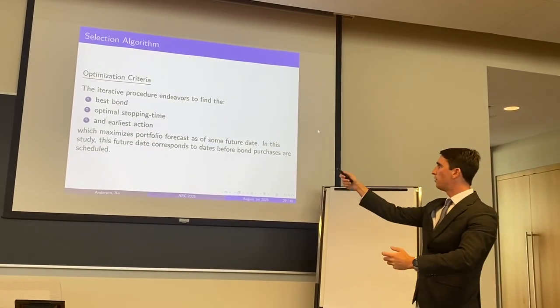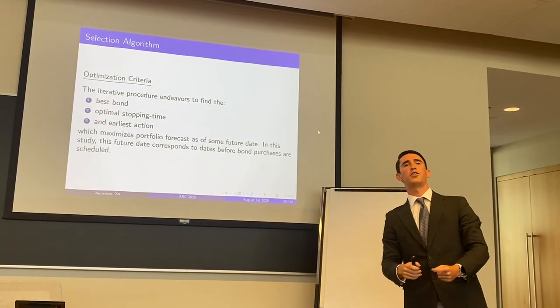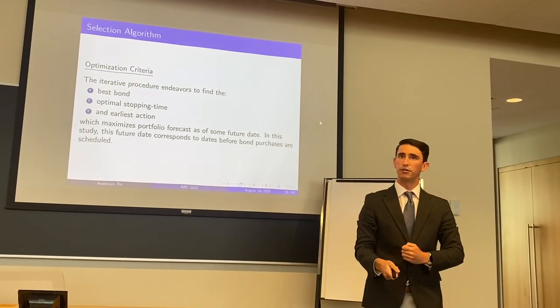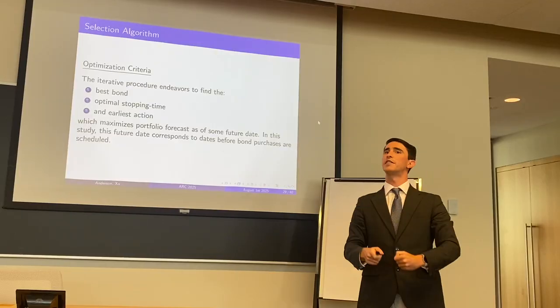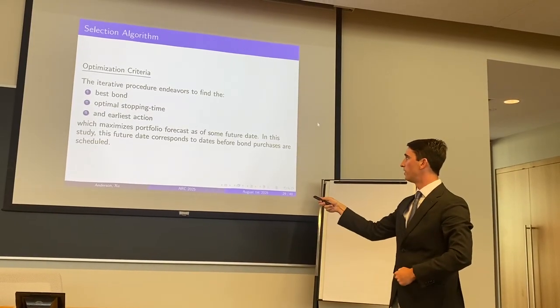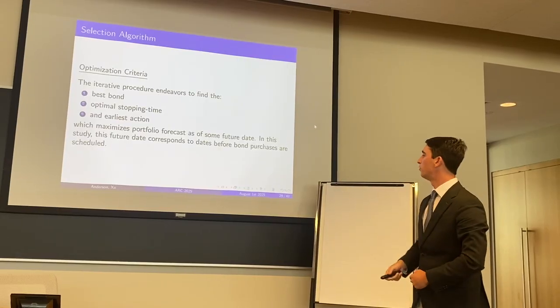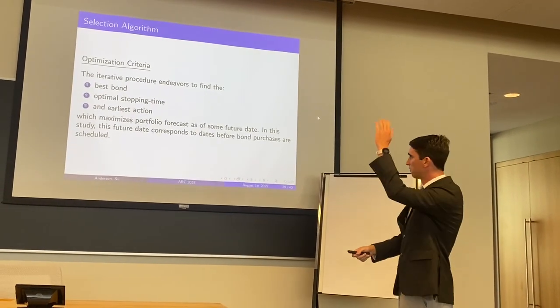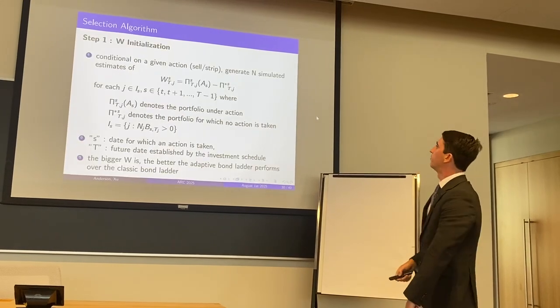We have a procedure for determining whether you want to sell or strip, on what bond you wish to sell or strip, and the earliest time at which you would choose to do that. Those are the three actions we are interested in examining, and we are going to move on to the process by which we make this selection. Next slide, please.